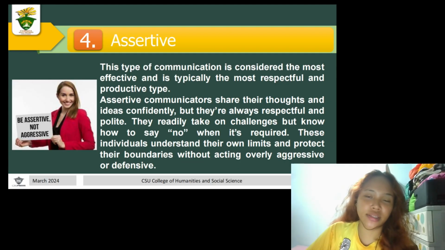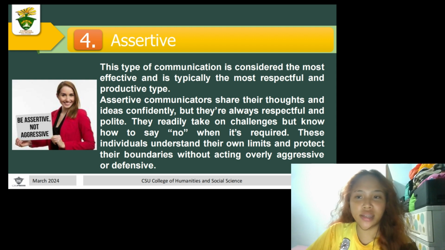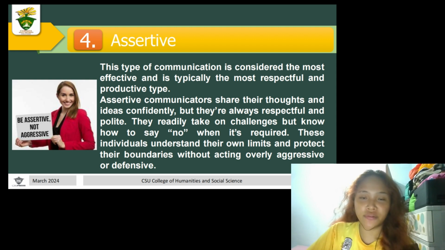Assertive communication style. This type of communication is considered the most effective and is typically the most respectful and productive type. Assertive communicators share their thoughts and ideas confidently, but they're always respectful and polite. They readily take on challenges but know how to say no when it's required. These individuals understand their own limits and protect their boundaries without acting overly aggressive or defensive.